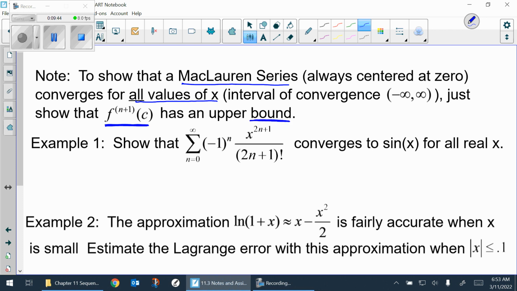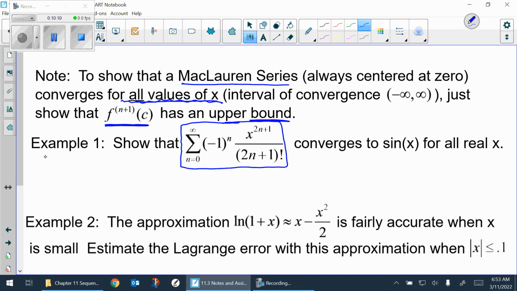There's a maximum value of that first derivative. Now, this is the series for sine x. And I would like to show that this series converges for all values of x. It doesn't just converge from -1 to 1, it converges for all values of x.